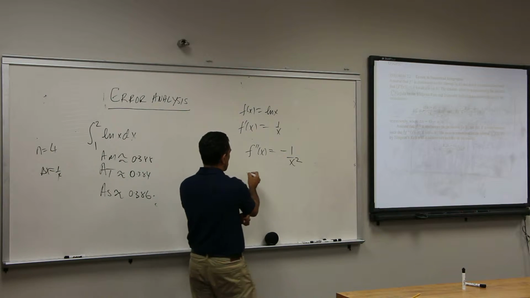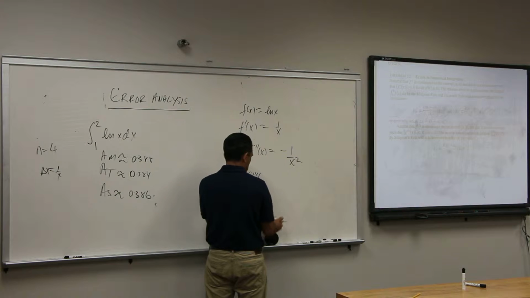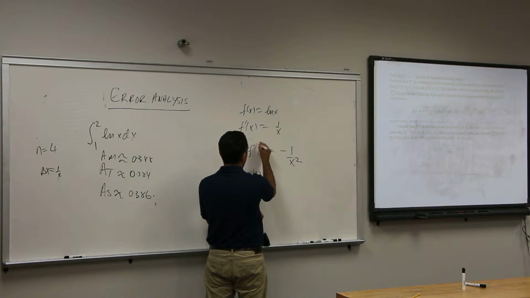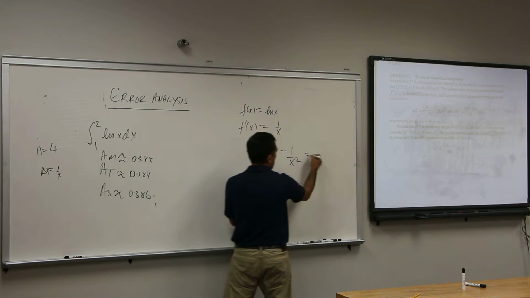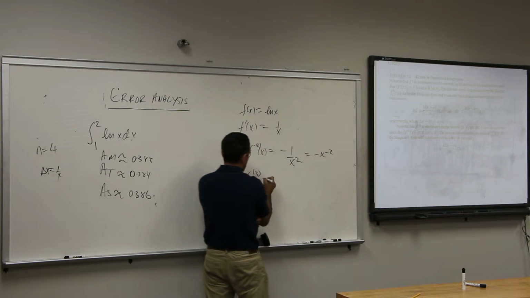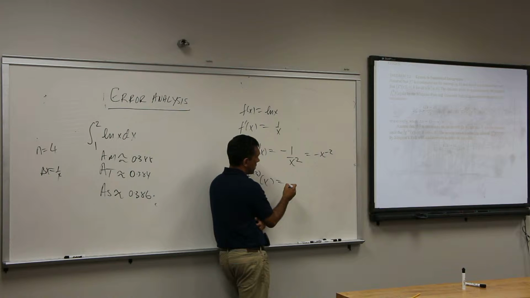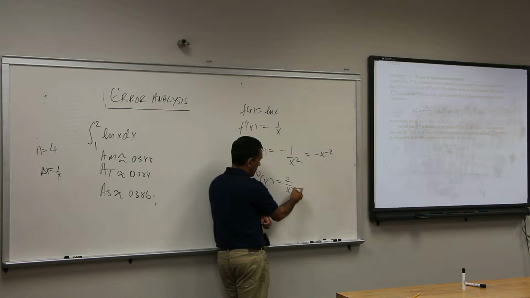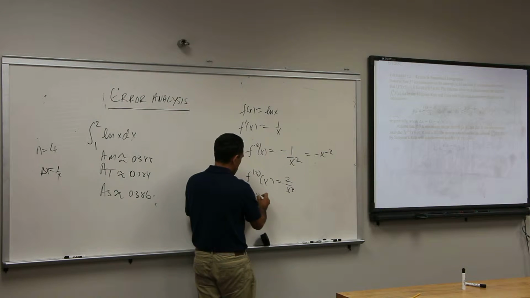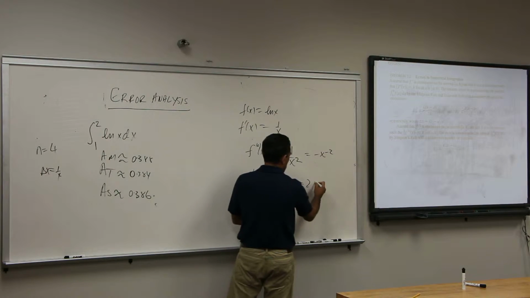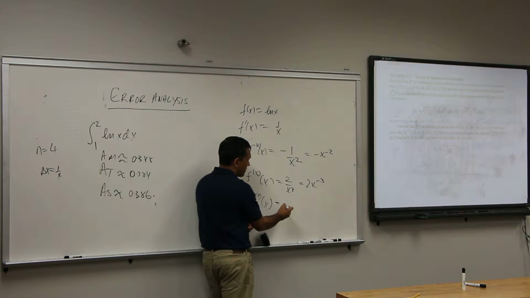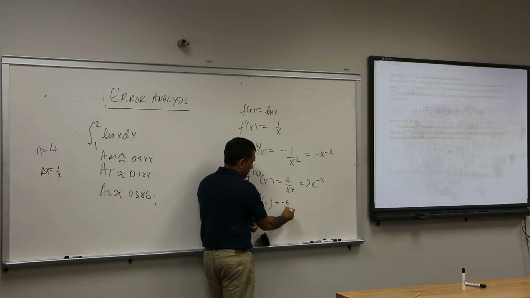What is the third derivative? 2 over x cubed. What is the fourth derivative? Negative 6 over x to the 4.